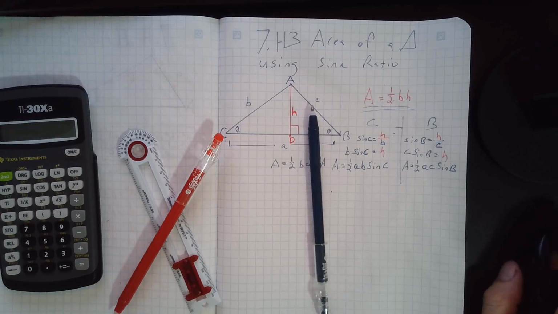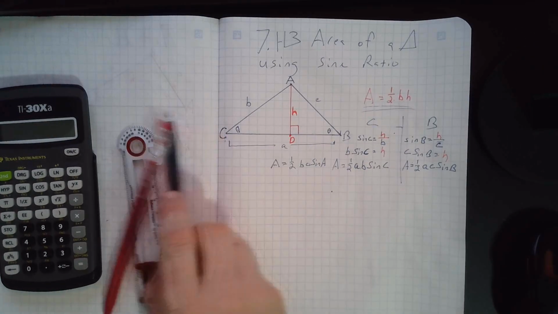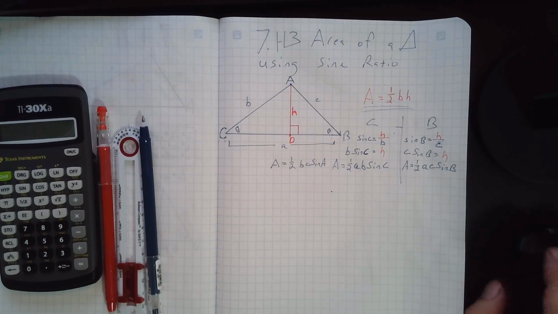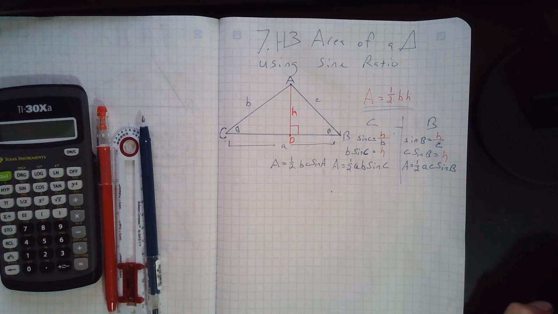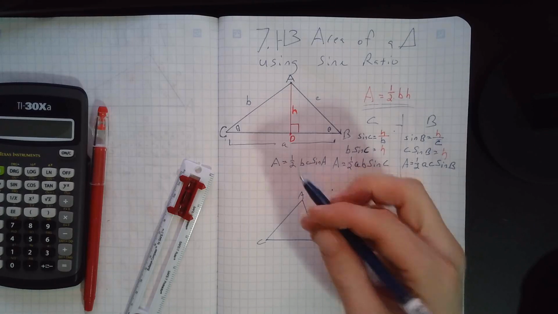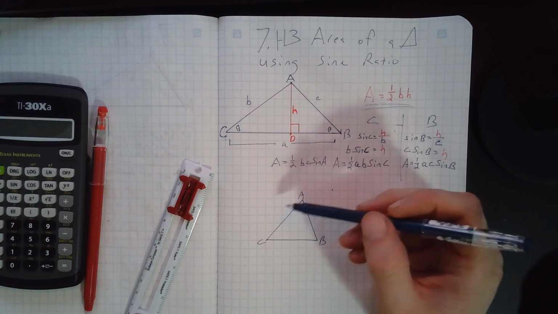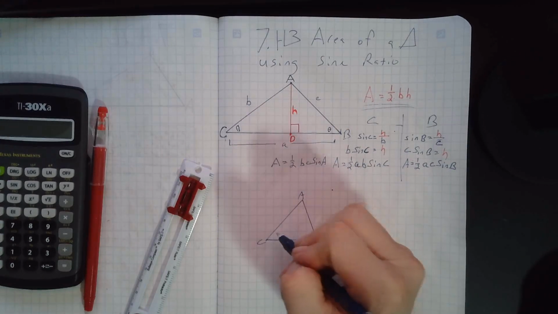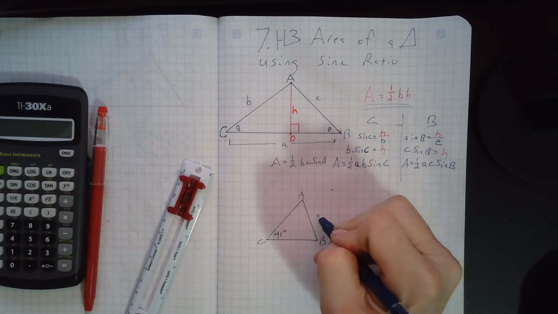real quick problem. Okay, so let me pause it while I set it up. Hopefully it doesn't freeze on me or lose continuity. All right, so it has a triangle. It says that the measure of angle C is 41 degrees.